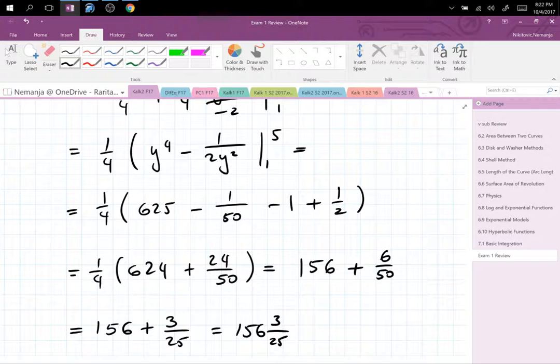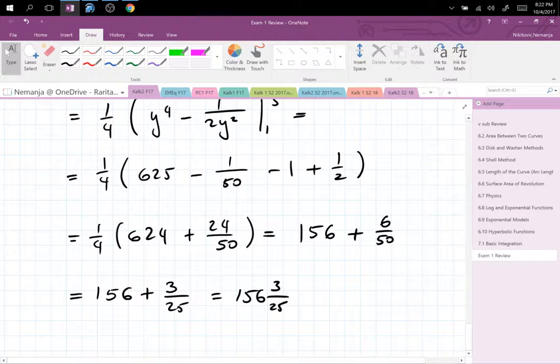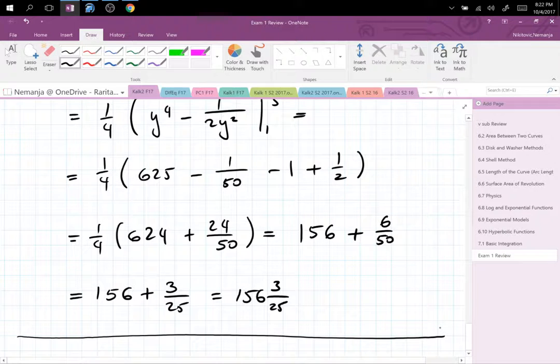There are ways to compute much faster than multiplying by 25. You can divide by 2, multiply by 10. That's another thing. Or multiply by 5 twice, because 25 is 5 times 5.